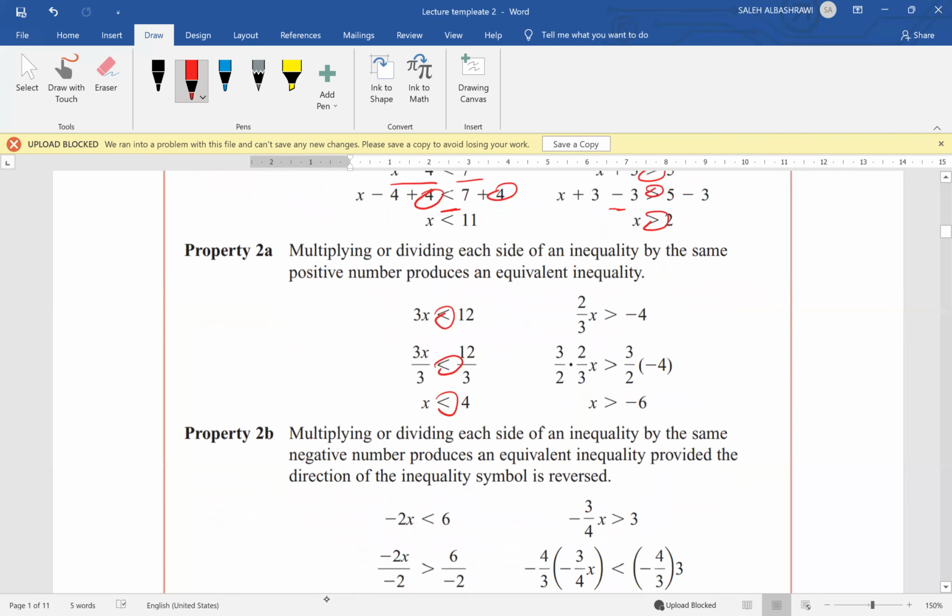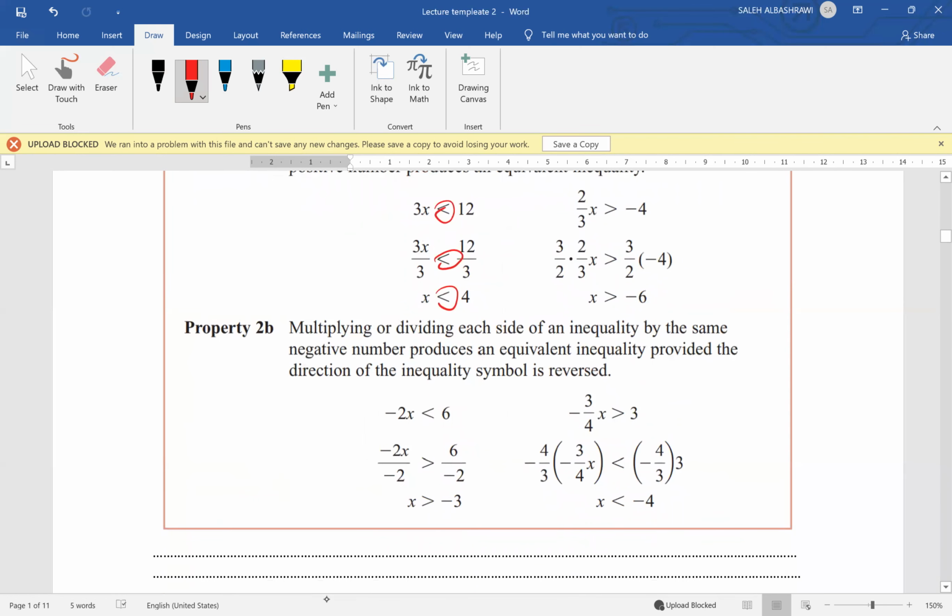But if we divide by negative, less than, divide by minus 2, we have to reverse. It is now greater than. If it is greater than and divide by negative or multiply by negative, we have to change the sign of the inequality.